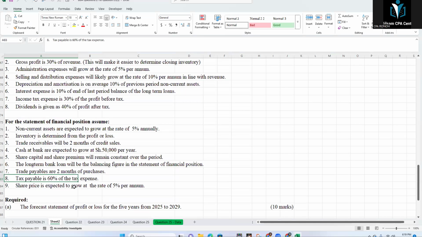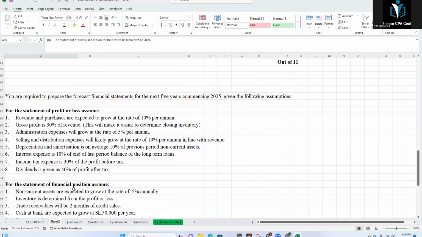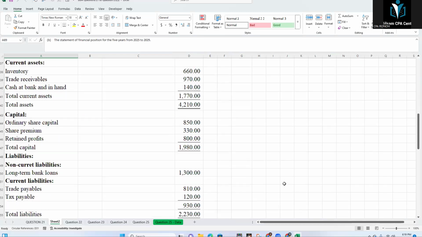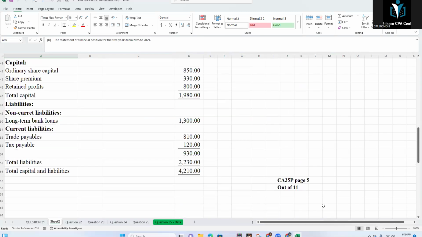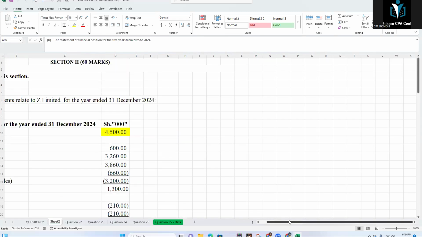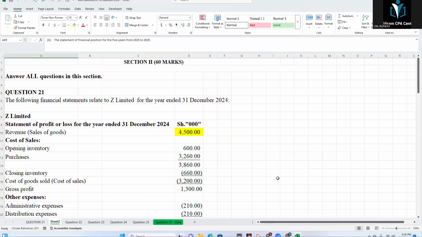Share price is expected to grow at the given rate per annum. So they need the financial forecast up to 2029. Good. So we may open your question.